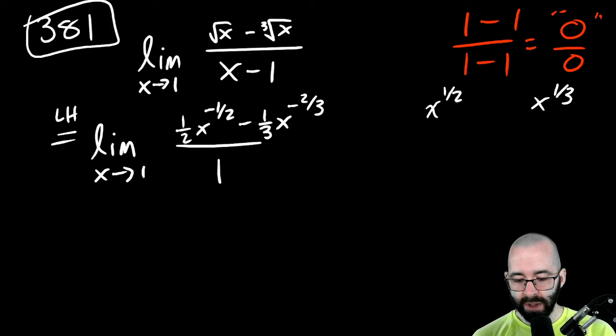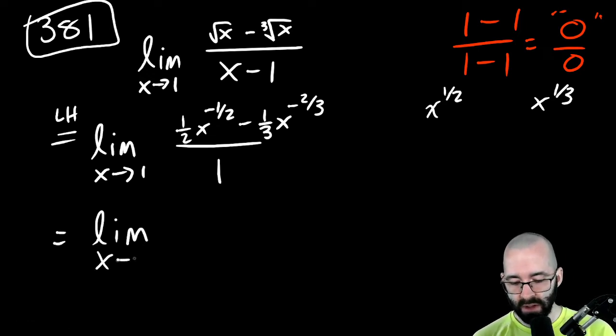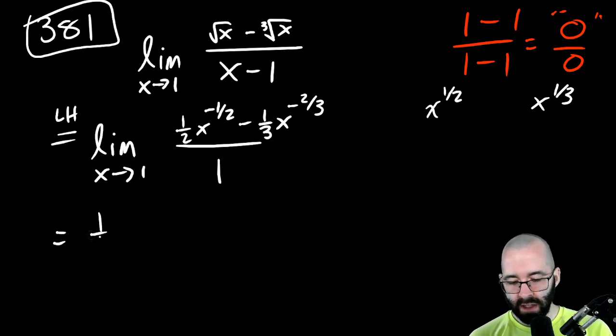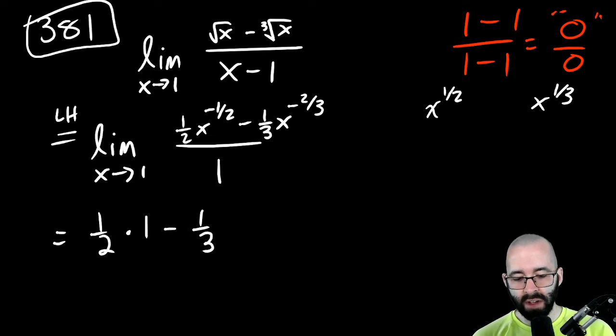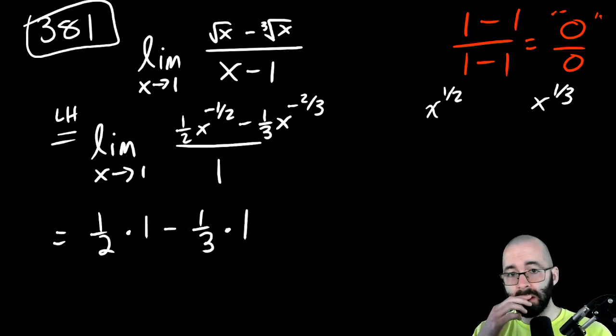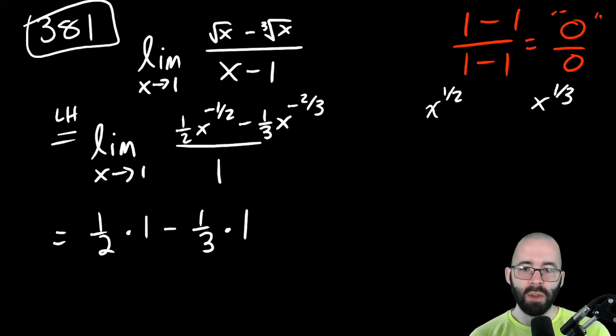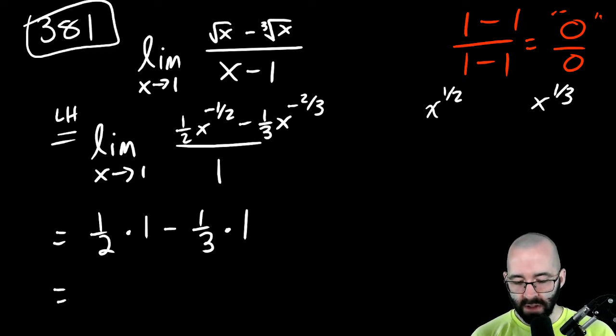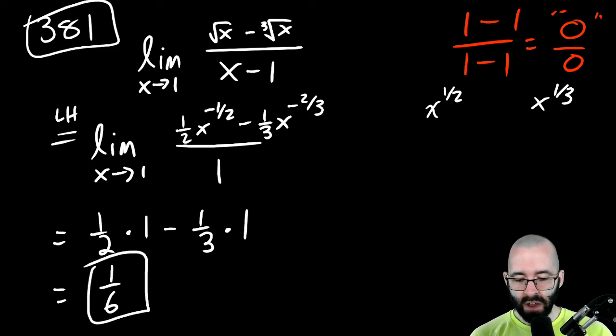And then you can just evaluate this. I'm going to skip a couple steps because this isn't really anything new. We can actually use direct substitution right now. 1 to the -1/2 is 1. 1 to the -2/3 is also 1. We just get 1/2 minus 1/3, which is 3/6 minus 2/6, which is 1/6.